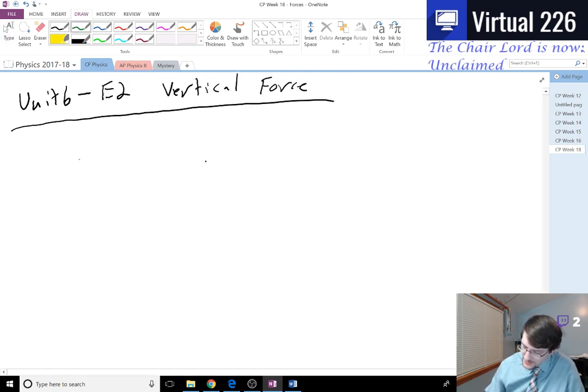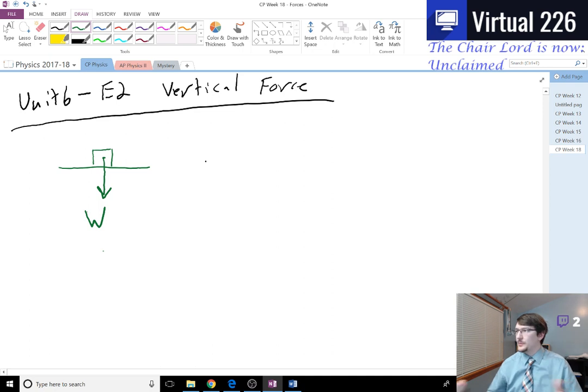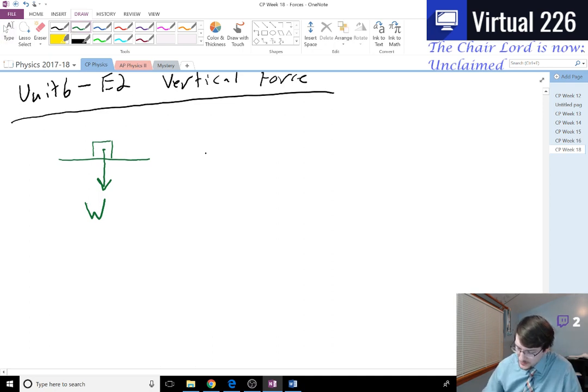If an object is just sitting on a table, it has a weight. You can step on a scale and you have a weight. Congratulations. This weight is equal to mg, where m is the mass of the object, and g, oh g, that's our good old 9.8 meters per second squared.